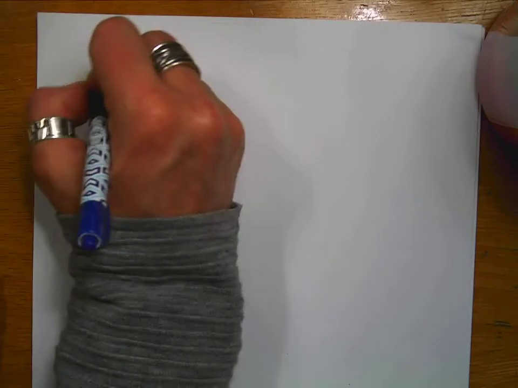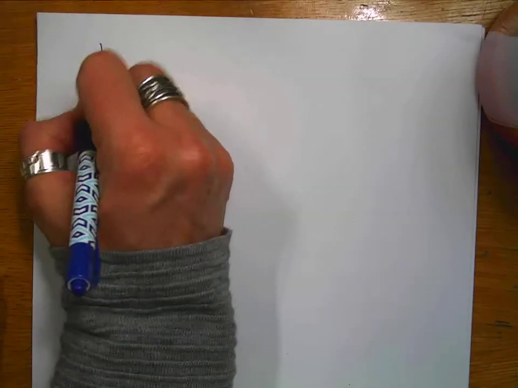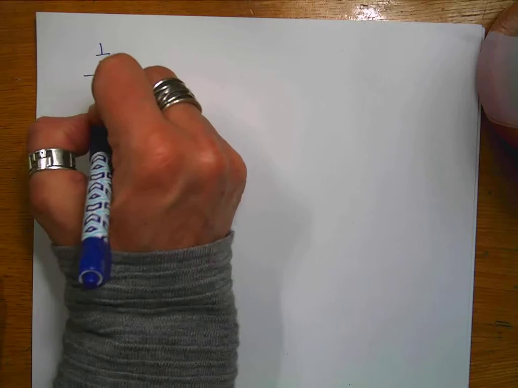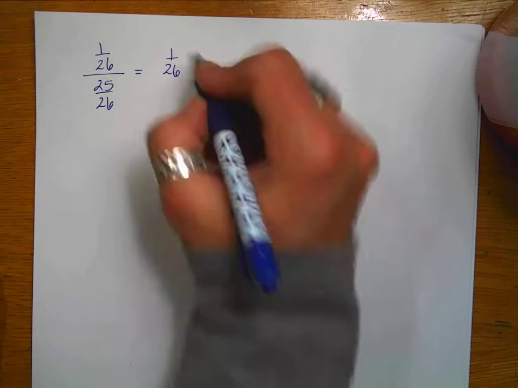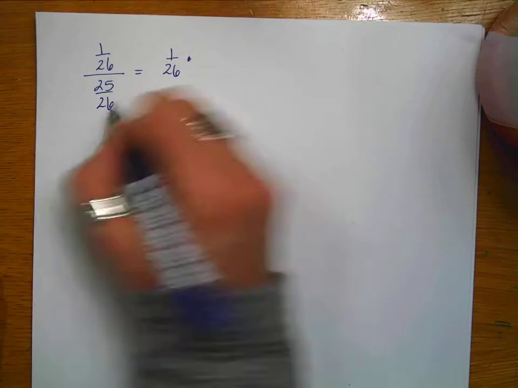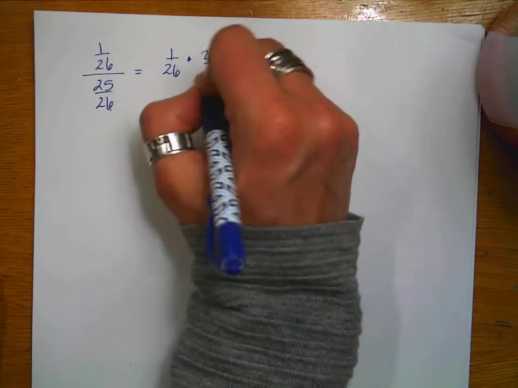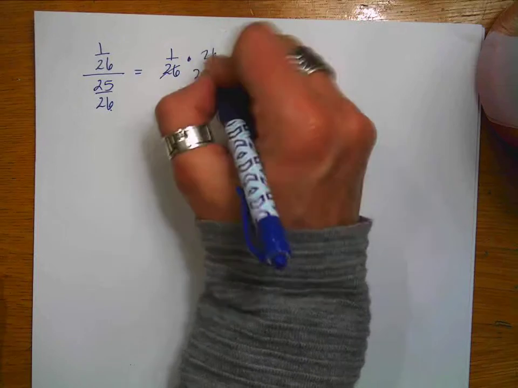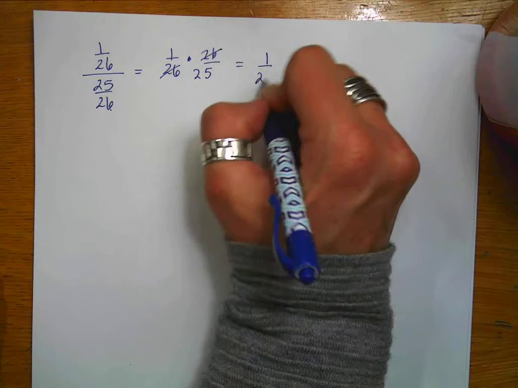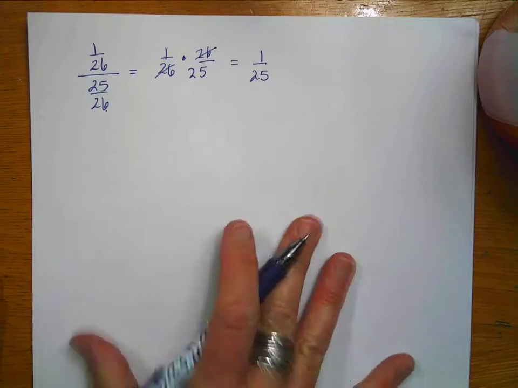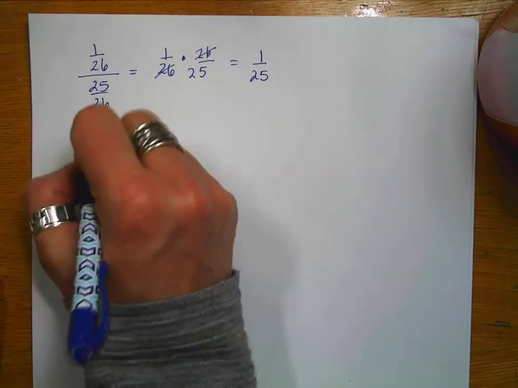Okay, and I got to go to another piece of paper. So if you'll remember mathematically, if I have a fraction divided by a fraction, I multiply by the reciprocal. So it's going to be the top number multiplied by the flip of the bottom number. There's 25. The 26's cancel, and so you're going to get 1 out of 25.